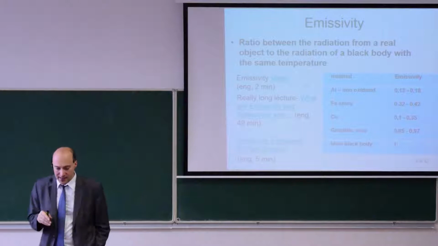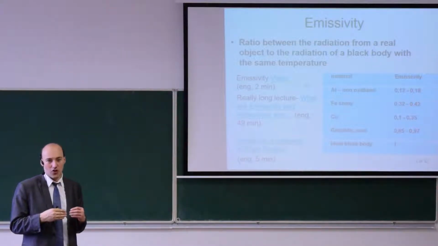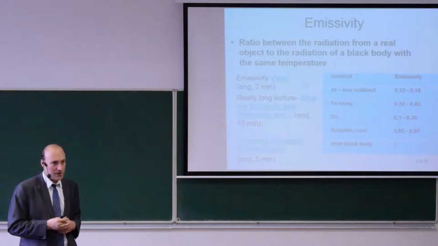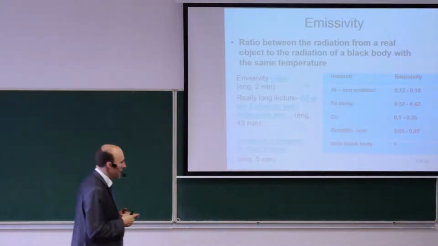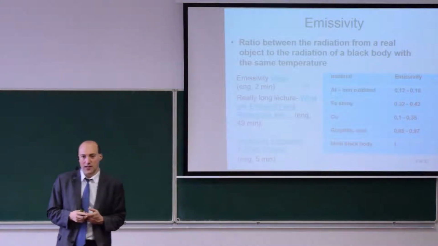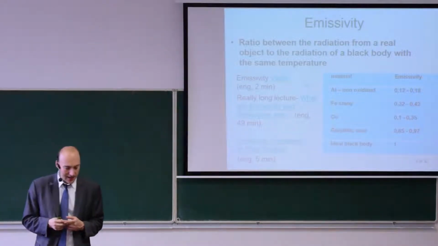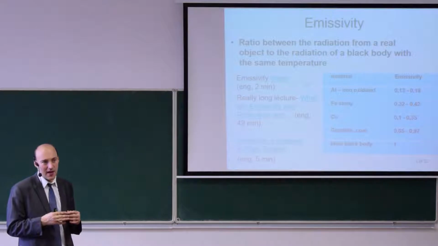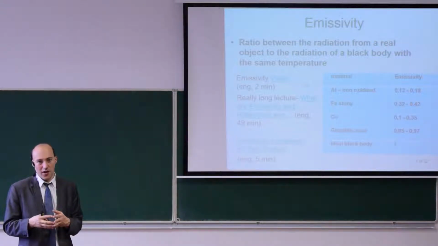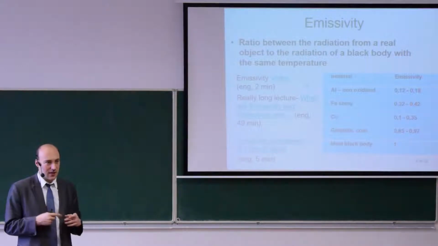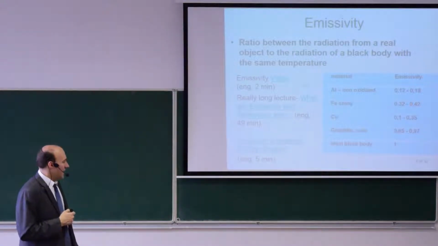It means it receives some radiation and then it emits all the energy that it has received. Real objects do not work as black bodies, they work as so-called gray bodies, and they receive some radiation, but they emit a little bit less radiation. Then the question is at what wavelength, and we'll see that a little bit later.